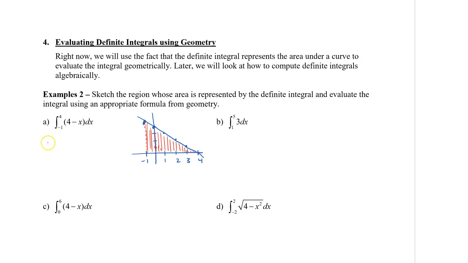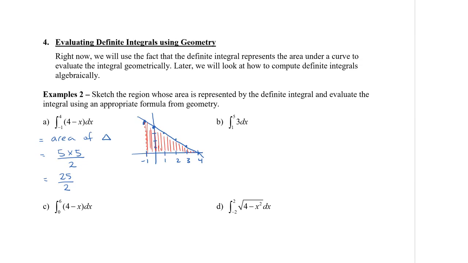So the integral of 4 minus x from -1 to 4 is going to be the area of a triangle. And we can see from here that the base is 5 and the height, 1, 2, 3, 4, 5, is also 5. So we have 5 times 5 divided by 2 to find the area of a triangle. So we get 25 divided by 2.